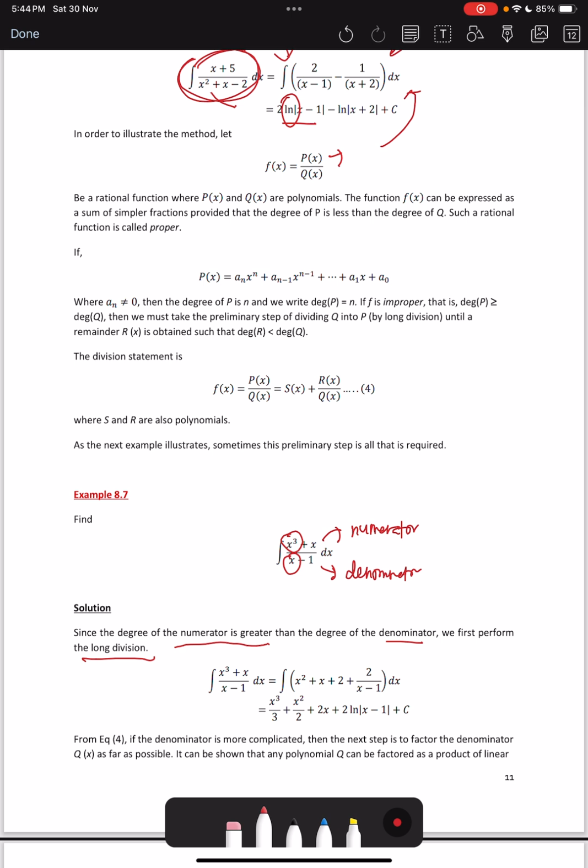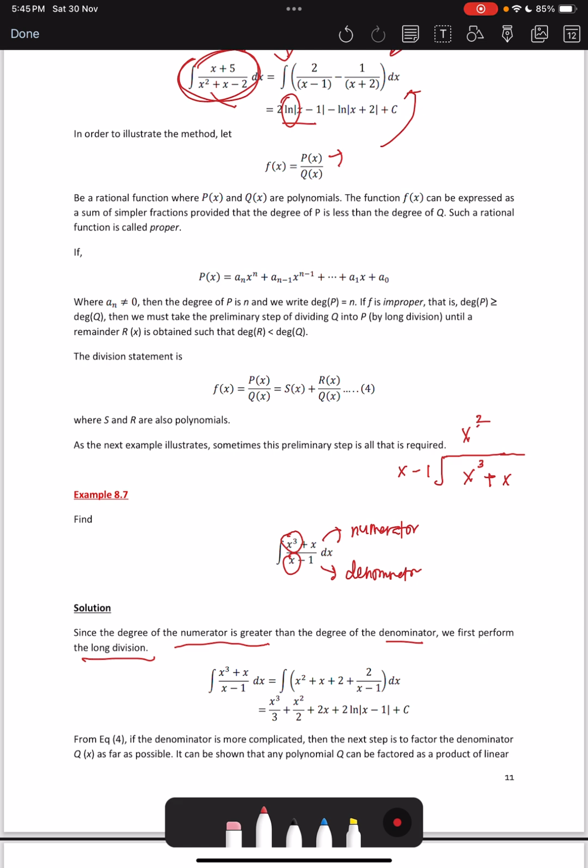But in this example, I show it manually. If you remember the long division of polynomials, let's say x to the power of 3 plus x, we need to divide by x minus 1. Let me rewrite, x minus 1. In order for us to get x to the power of 3, we need to multiply by x to the power of 2.